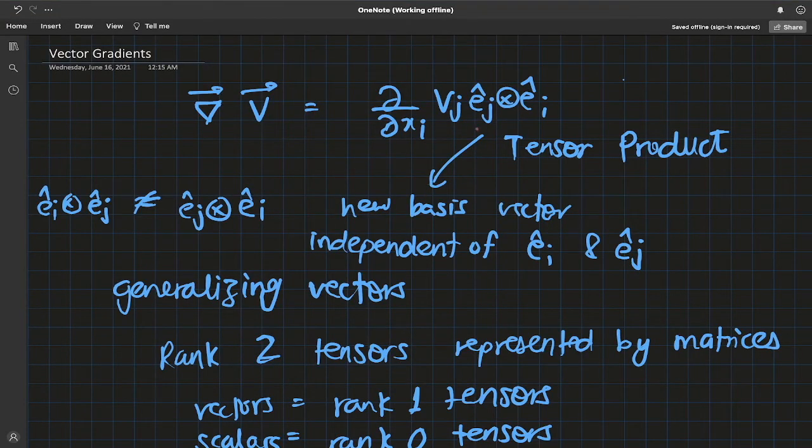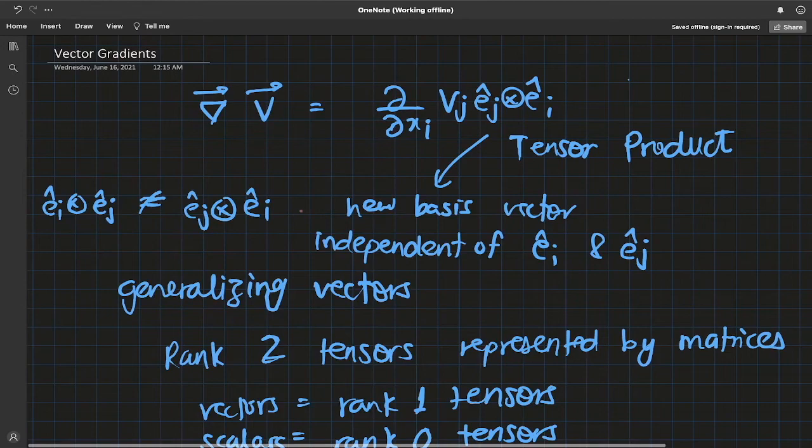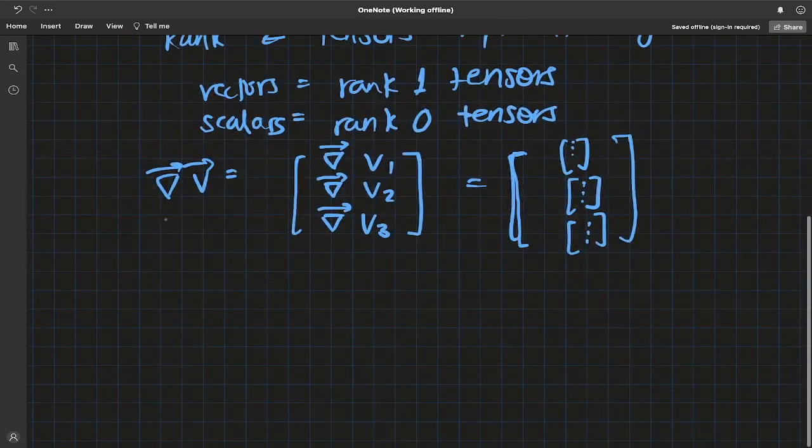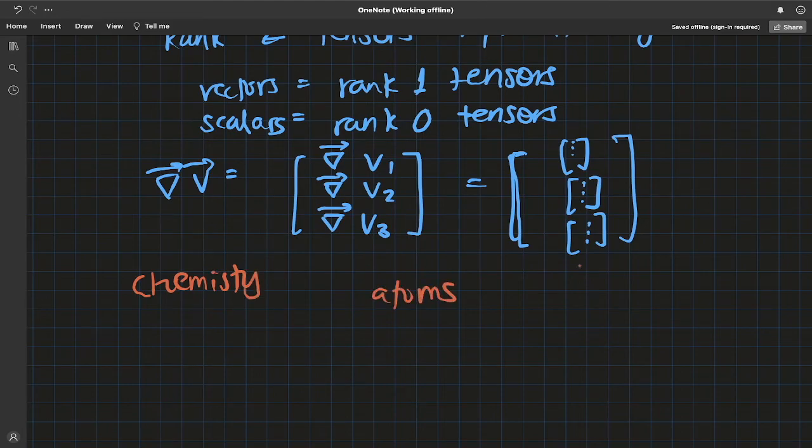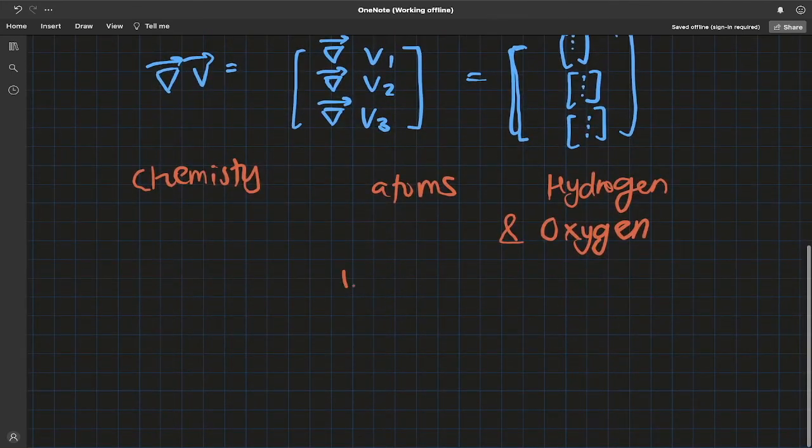The way I think about these new basis vectors that are tensored up, a good analogy I like to give is chemistry. Well, you have atoms. Say you have hydrogen and oxygen, and you can combine them to form water. Now, hydrogen is a non-supporter of combustion.